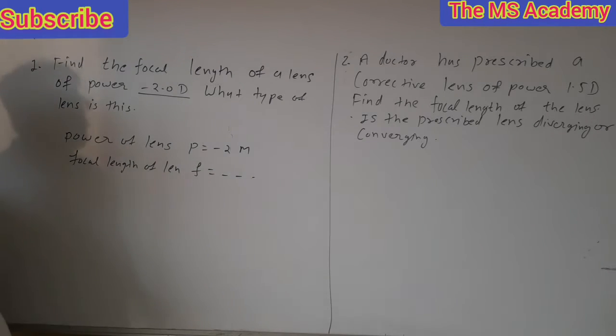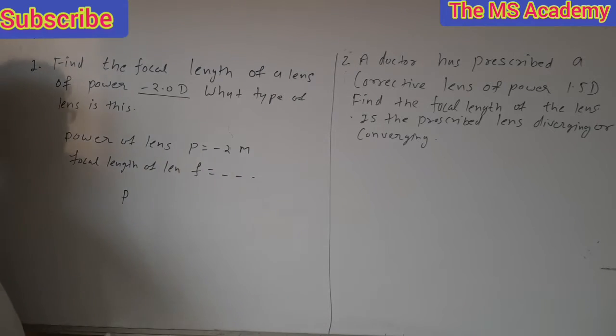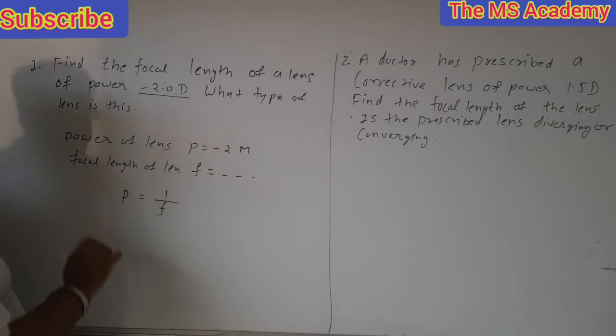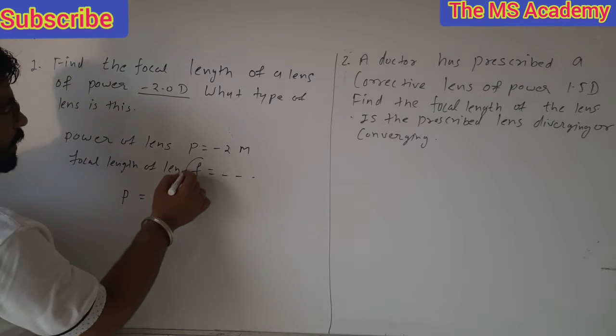Next question is, what is the type of lens? First, we know the formula for power of lens. What is the formula? P is equal to 1 upon F. But we want to find out the focal length here.